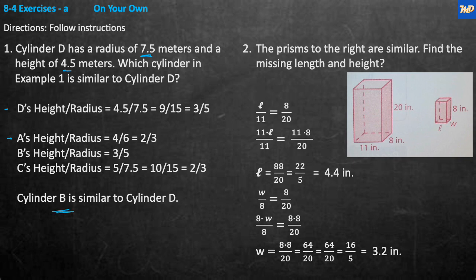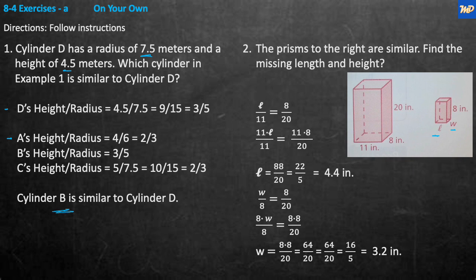So now let's go over here and look at the prisms over here. What we're going to do is find the lengths L and W. So over here we have L and W, and we have one known dimension, 8. That's very important because we're going to need that. Since we know these are similar, that means the dimensions are proportioned.